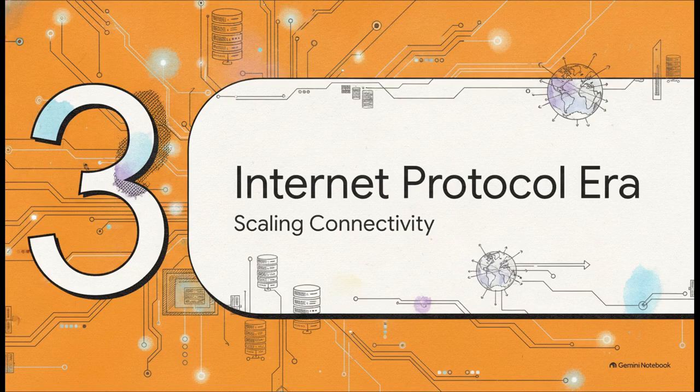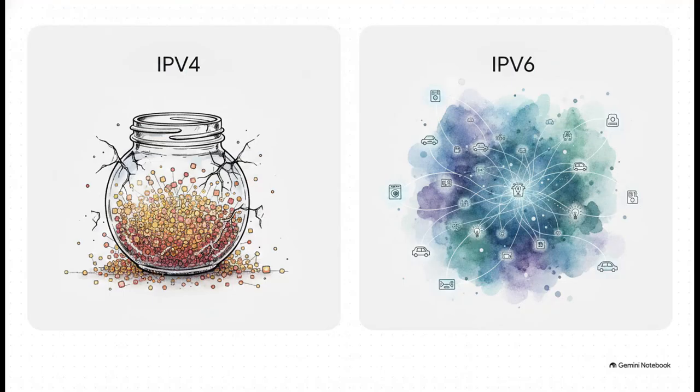Which brings us nicely to Part 3, the Internet Protocol era, where connectivity truly scaled up. Remember that insane 340 undecillion number from the start? Well, here's exactly why it matters. We originally built the internet on IPv4, which only allowed for about 4.3 billion addresses. We quickly started running out of those as mobile phones and laptops exploded in popularity.